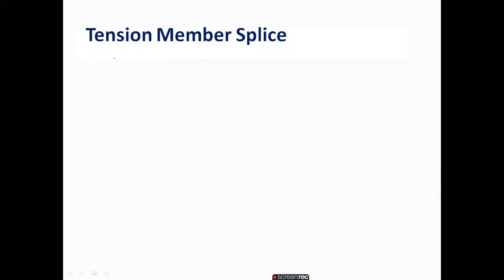Today in class we are going to discuss the tension member splice. First we will discuss the definition of a splice and why it is required. If a single piece of the required length of the bar or member is not available, then for tension members we have to splice to transfer the required tension from one piece to another.